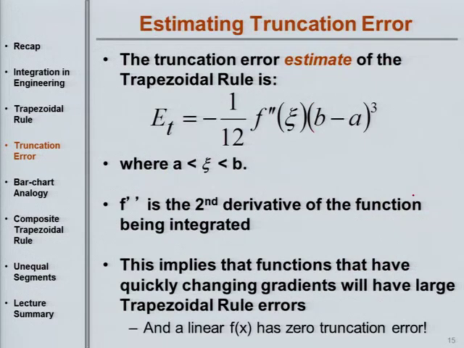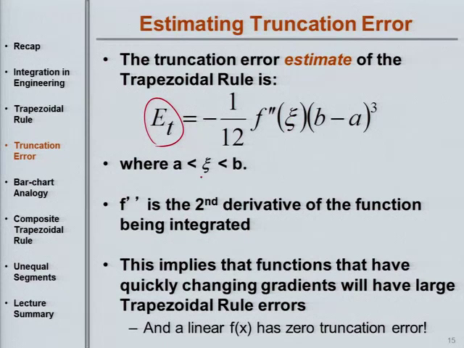It turns out that, yes, you can say some things about this. It turns out, and we're not going to go into this in this course, that the truncation error for the trapezoidal rule can be written like this. The exact error is equal to 1/12 the second derivative of our function that we're integrating, evaluated at some point, and we'll come back to that in a minute, multiplied by the width of the interval cubed.